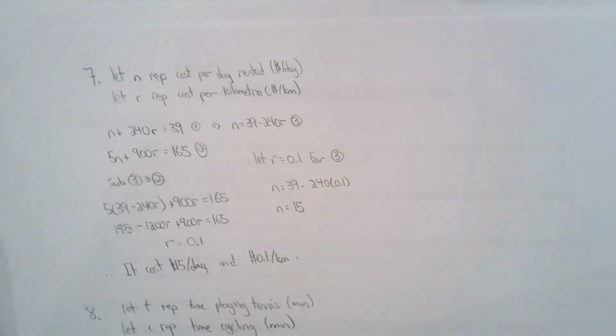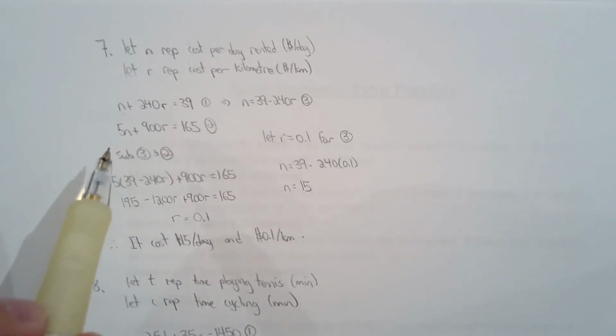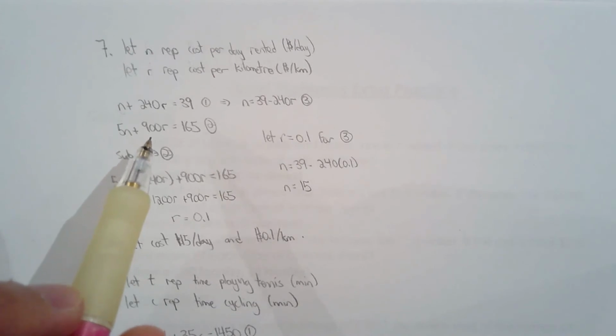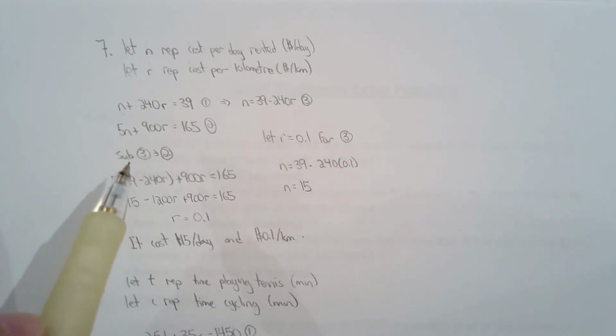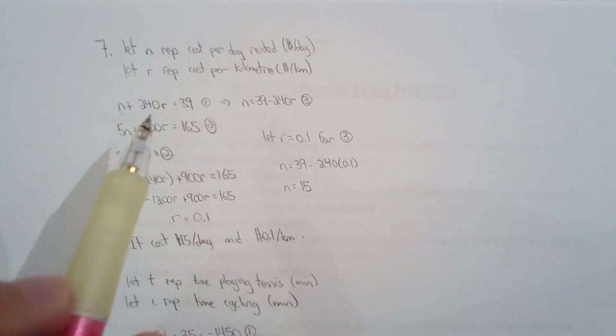All right, 2 more problems here. Number 7. So n represents the cost per day to rent a car. And R represents the cost per kilometer.